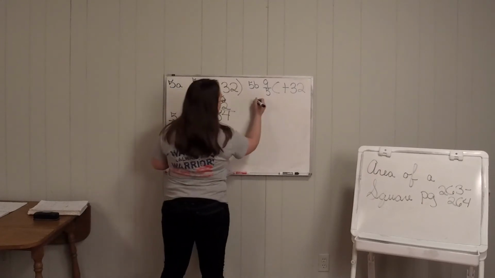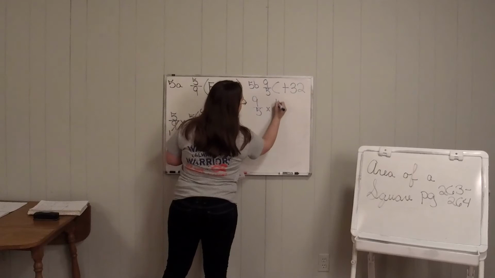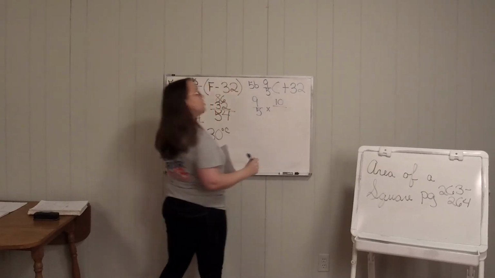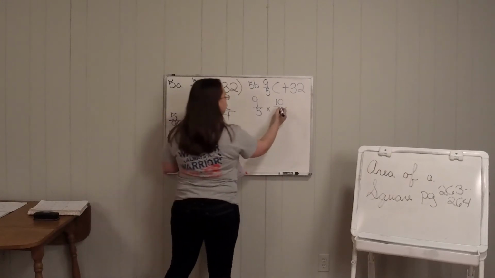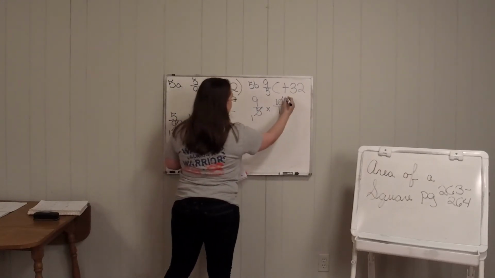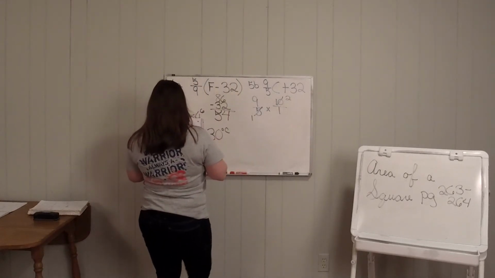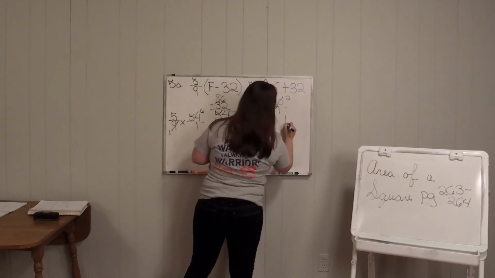So you would say 9/5 times 10 degrees Celsius. You know if you're multiplying by a whole number, you add the 1 under it. You know those two can cancel out. And you would get 9 times 2 is 18.